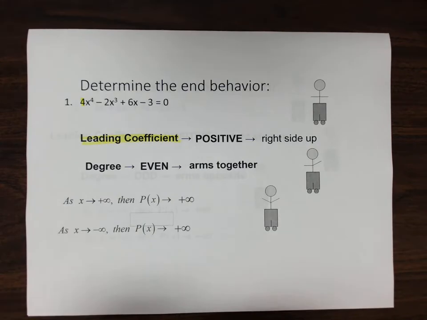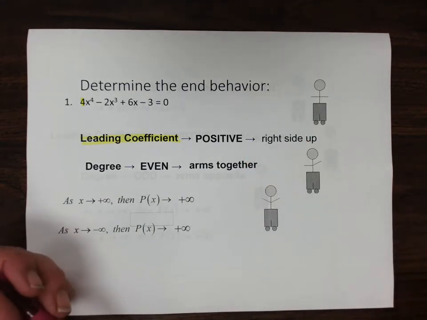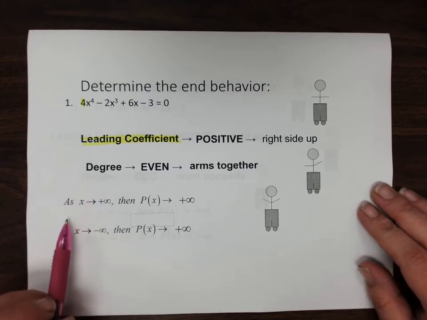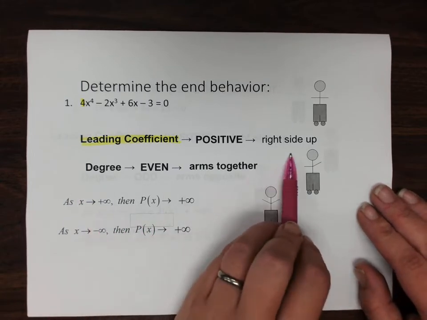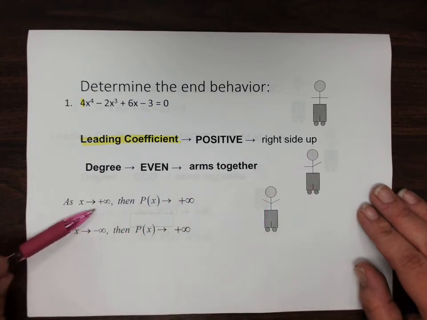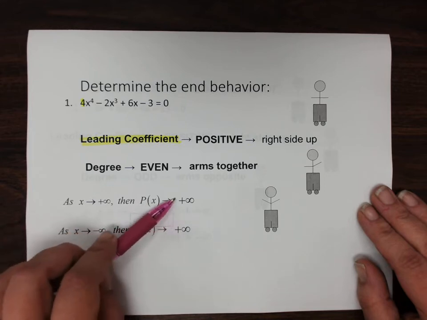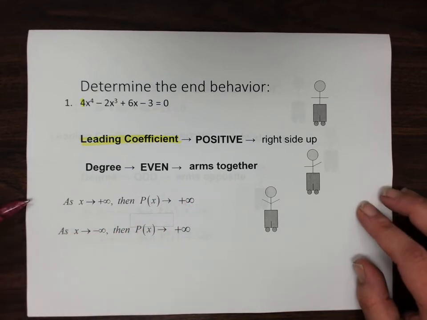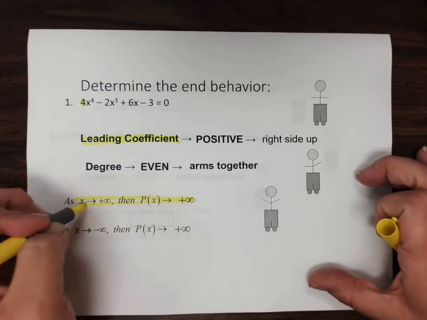And it's positive. So we know that on the right side of this graph it's going up. That allows me to know that as x is approaching positive infinity, or the right side of the graph, then this graph of p of x is going to go to positive infinity. So this statement right here is your entire end behavior statement.